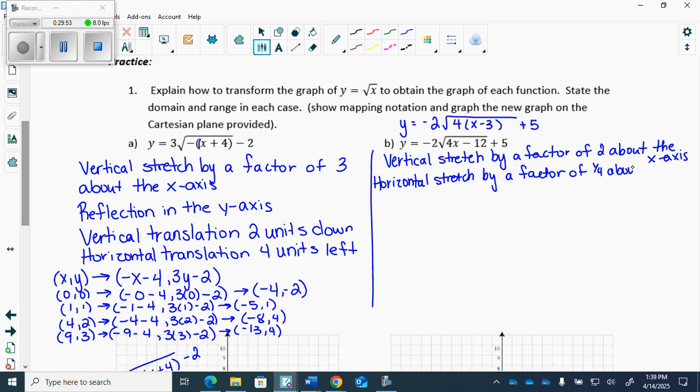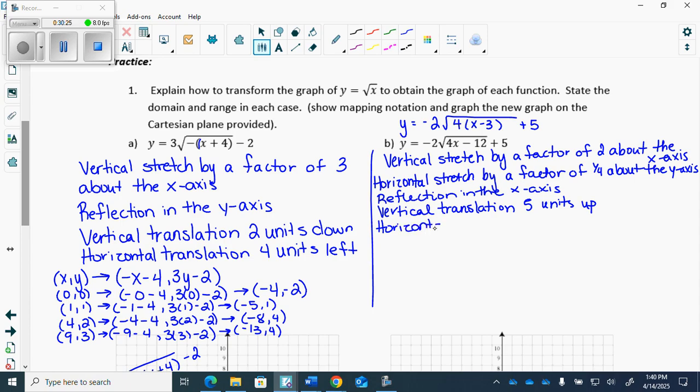We have a reflection in the x-axis. A vertical translation 5 units up. And a horizontal translation 3 units right.